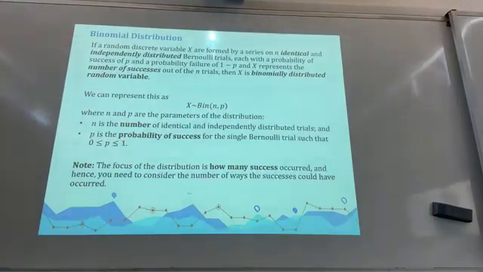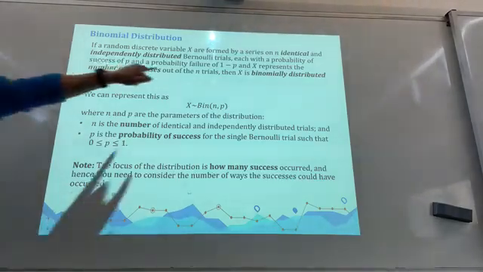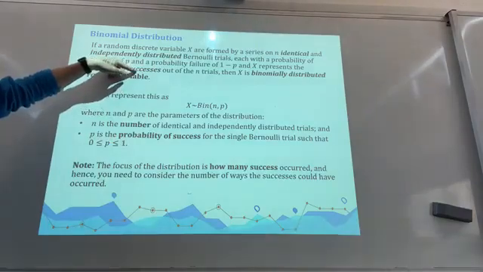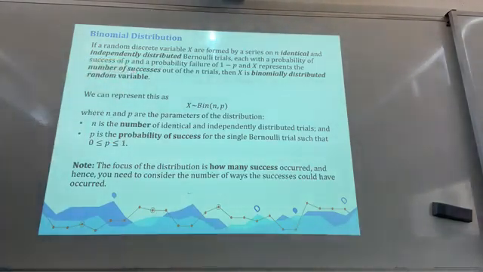So it's all independent. Each with a probability of success p, you've got one answer correct, 0.25, and the failure of 1 minus p. Remember, 1 minus p can be written as q as well. And x represents the number of successes out of the trials. So it could be 2 correct answers, or 3 correct answers, or 1 or 0.